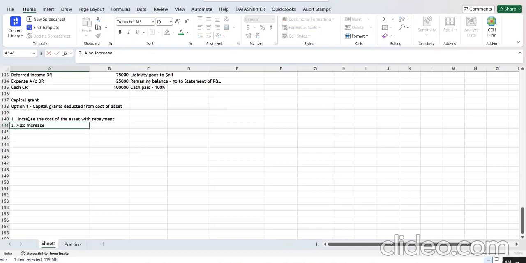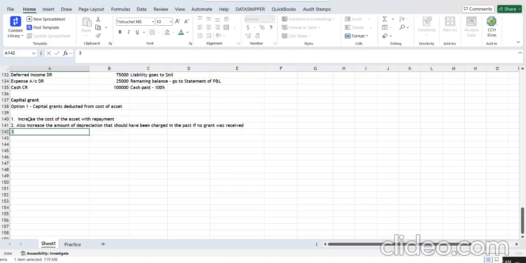Also increase the accumulated depreciation, or also increase the amount of depreciation that should have been charged in the past if no grant was received.